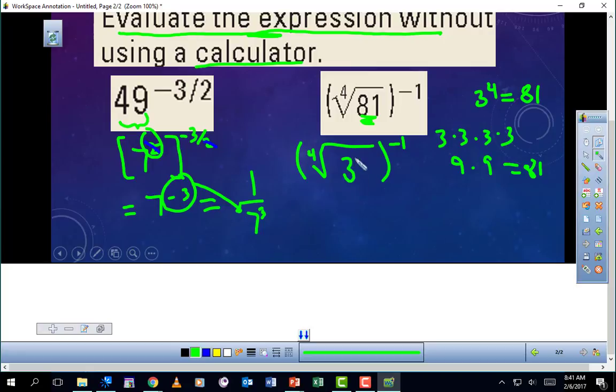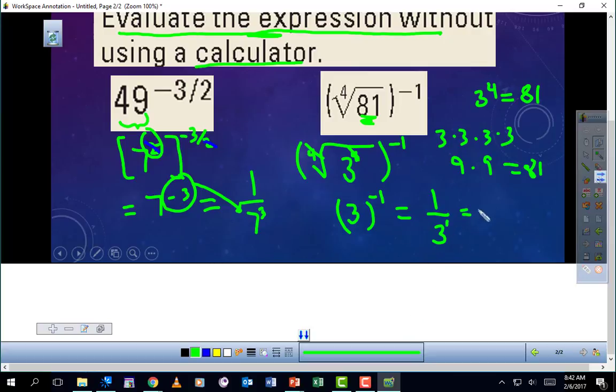This is 3 to the 4th power, and this fourth power here cancels this fourth root. So they cancel right there. So now you end up with 3 to the negative 1, which then is equal to 1 over 3. You could think of it as a 1, but of course that's the same thing as 1/3.